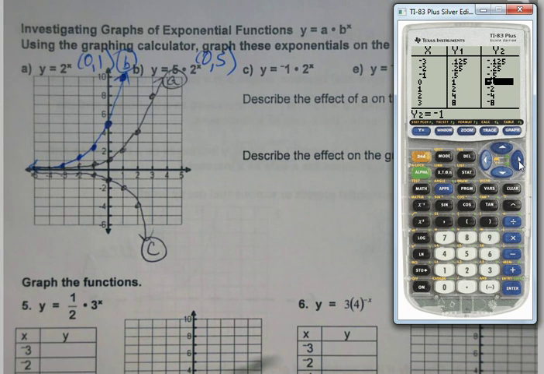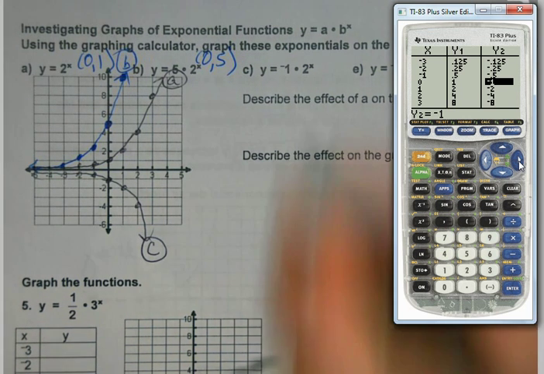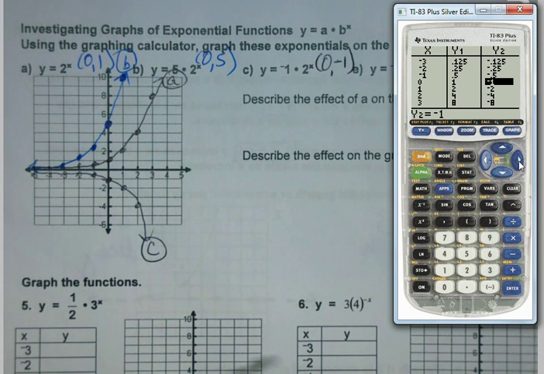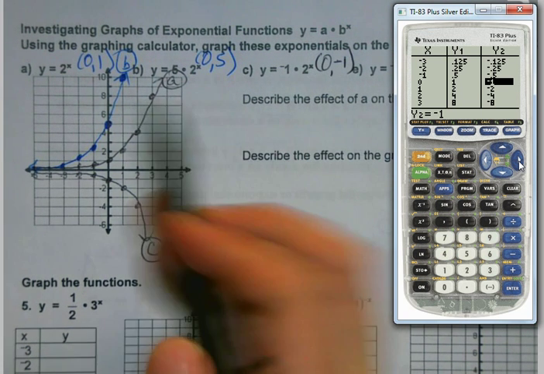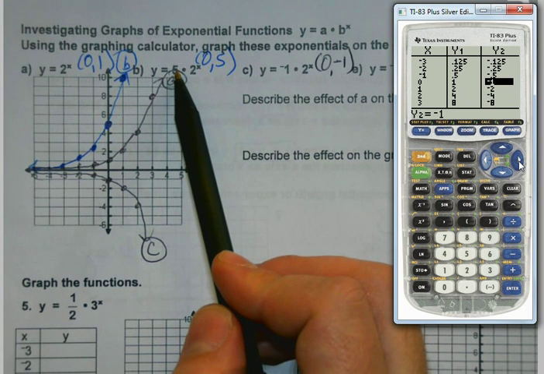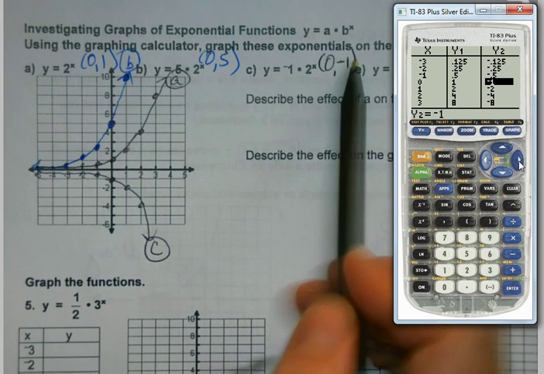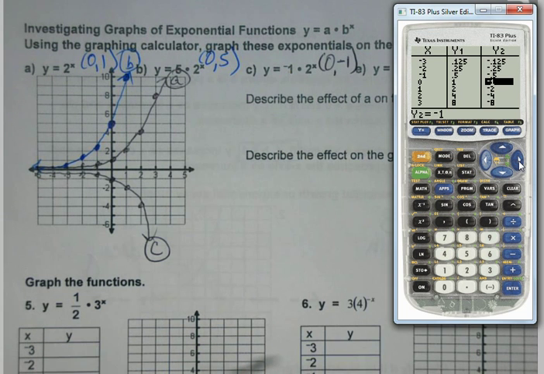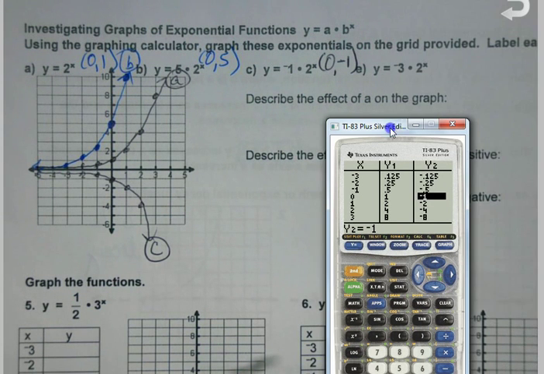But when I look at my y-intercept, it's at (0, -1). I think I may be seeing a pattern developing here. (0, 1), (0, 5): same as the a value. (0, -1): my a value is -1. I wonder if this theory might work.